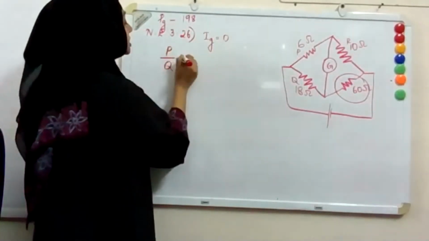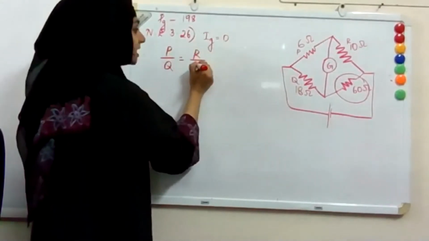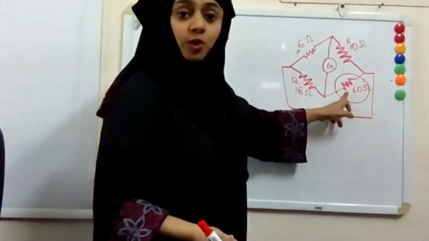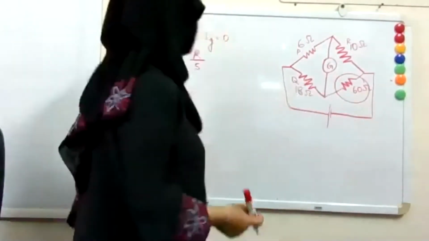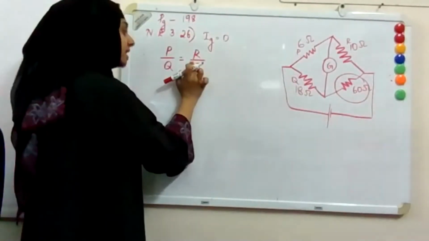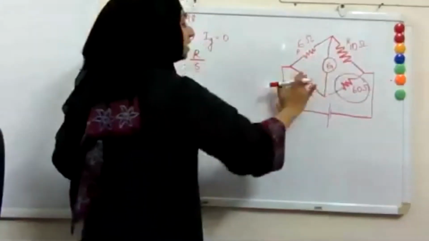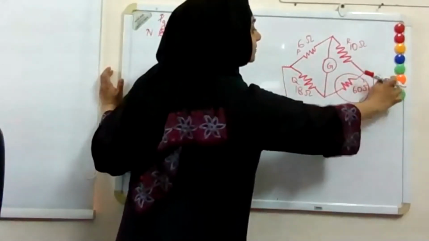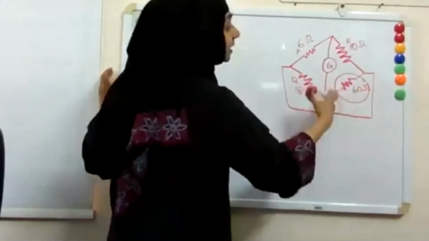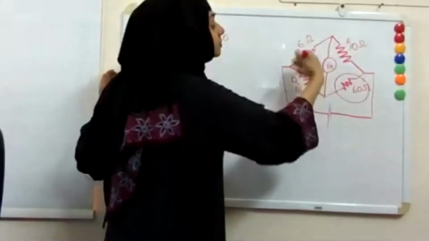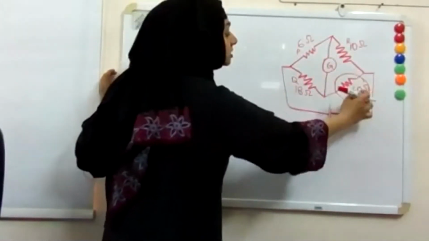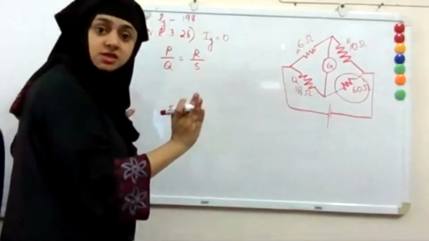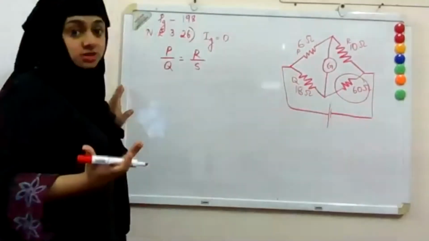P by Q is equal to R by S. So here they already have a 60 ohm, but let us find out what will be the value of S if it is in equilibrium, because the question is what value of resistance we will have to connect here and in which way in order to bring this to equilibrium. So I'm not taking S as 60 now. I will put S as S itself and find out how much it is.